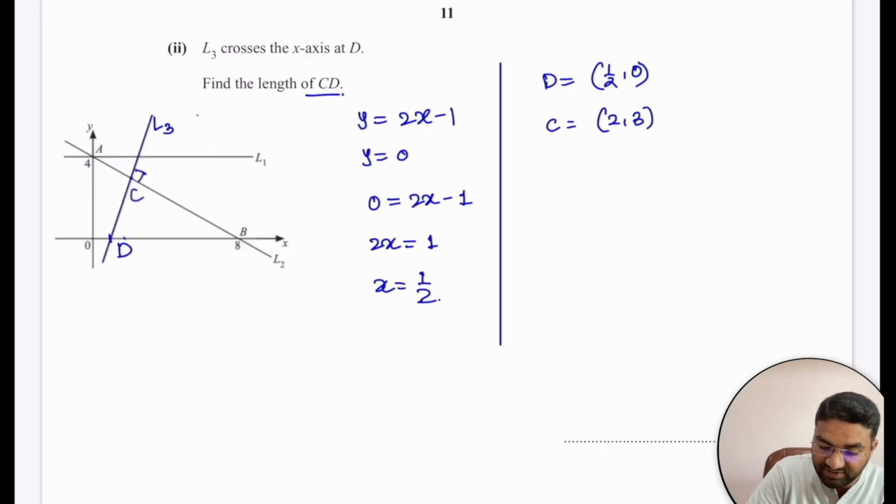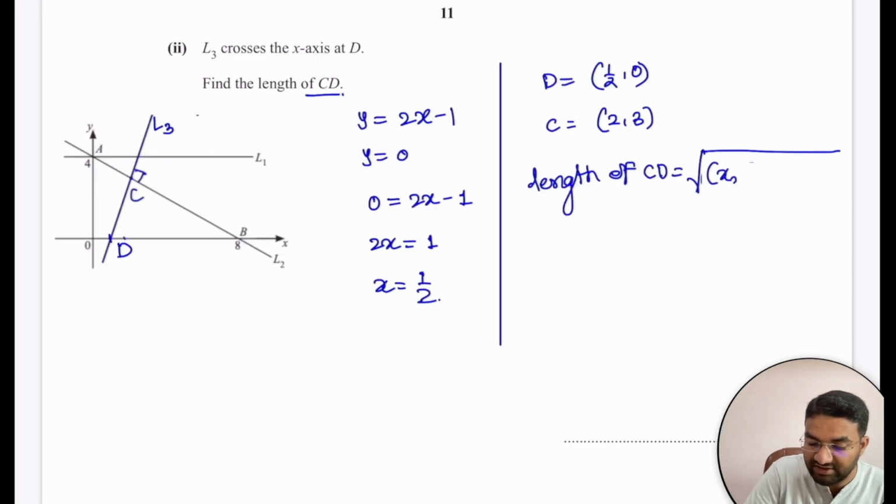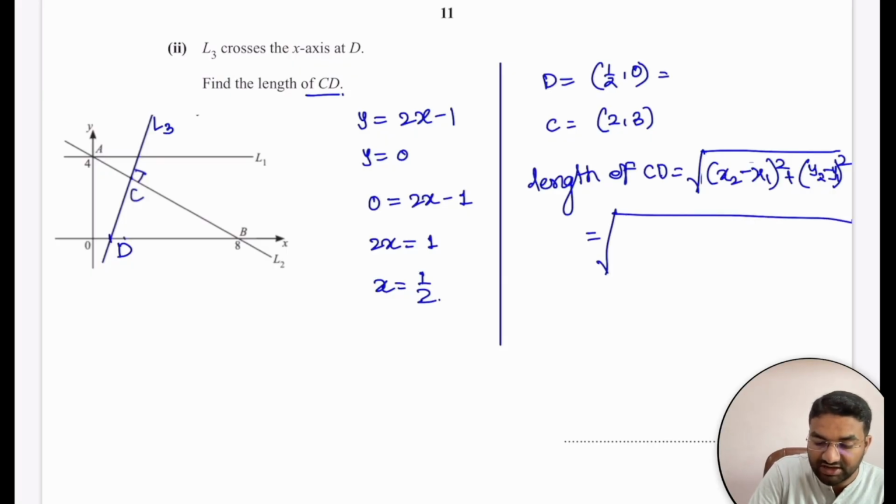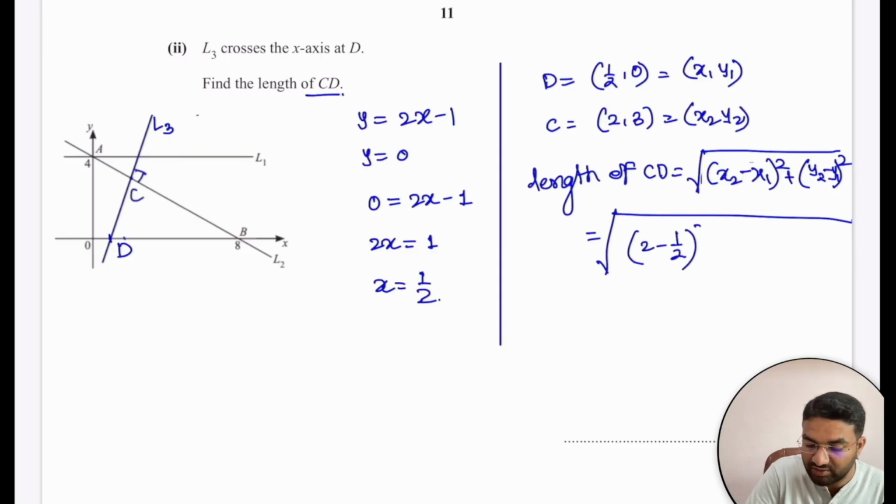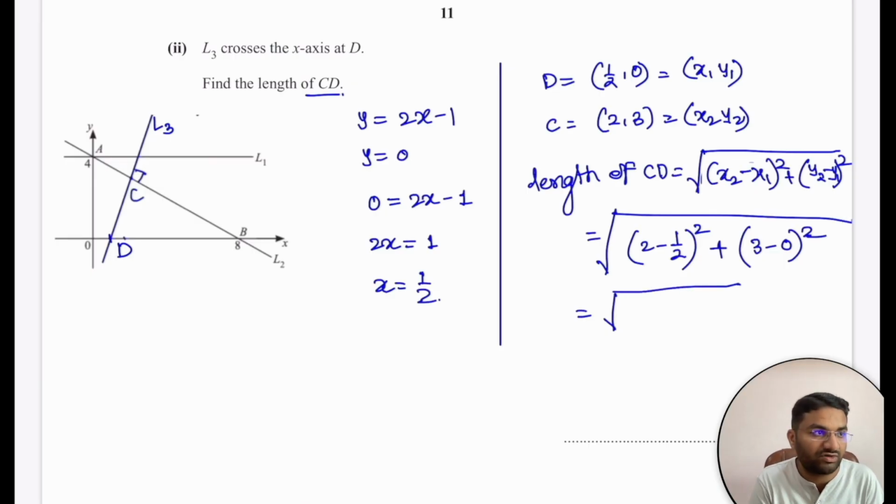So length of CD is equal to the square root of (x2 minus x1) squared plus (y2 minus y1) squared, and you can put in all the values here. Consider C as x1, y1, and D as x2, y2. So it is (2 minus 1/2) squared plus (3 minus 0) squared. You can straight away solve it on the calculator and put in the values.